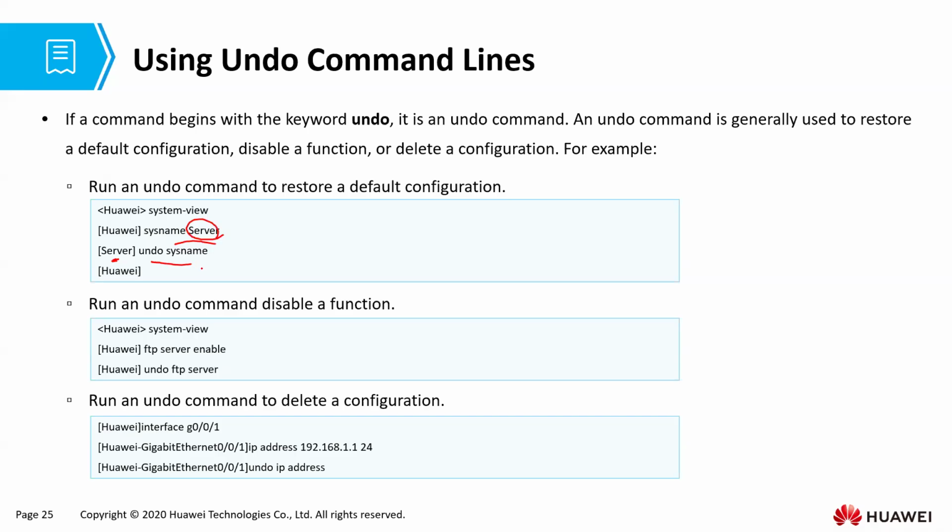If we undo that system name, then it goes back to the default. So guys, any command you do not like and you want to remove, just prefix it with undo. Is it the prefix or suffix? Prefix, I think so. Once I undo, then everything else gets removed.